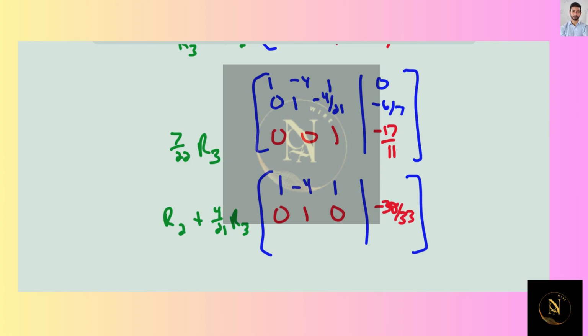Let's get zeros now. We can get a 0 in row 2 by taking row 2 and adding 4 21st of row 3. So we'll get a new row 2 of 0, 1, 0, and then negative 38 33rds. Rows 1 and 3 remain the same.